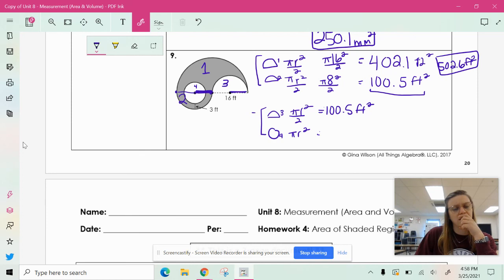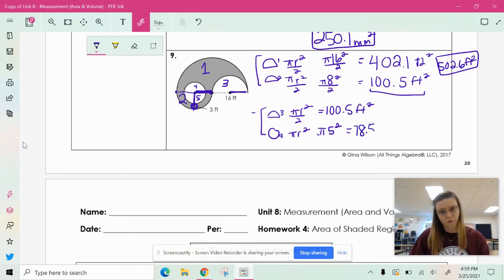If this whole length is 8, but this amount is 3, then this is 5. So pi 5 squared is 78.5 feet squared. Plus 100.5 is 179.